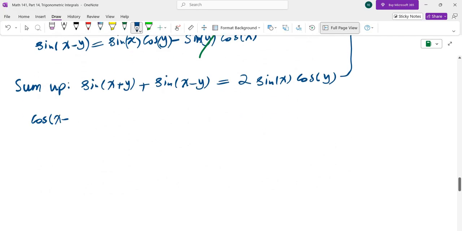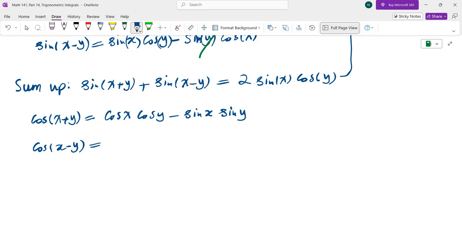We know cosine of x plus y is equal to cosine x cosine y minus sine x sine y. And we also know cosine of x minus y. If we replace y by negative y, we get this similar identity here. Cosine is even, so we get cosine of negative y, which is the same as cosine of y.